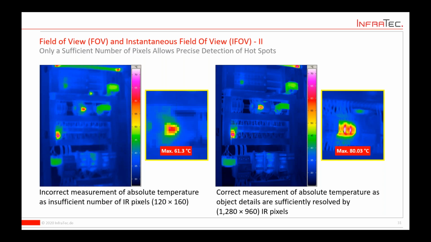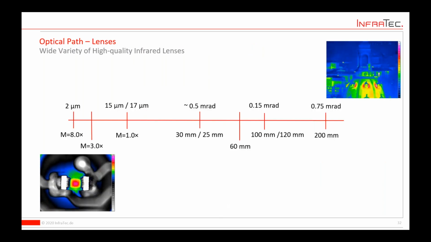So often the resolution, and also the IFOV and the spatial resolution, is critical to applications and to getting the readings you want to have. That's why I recommend to start with the IFOV first, and then think about the field of view afterwards, whether you can cover a scene with one shot or have to do multiple shots.